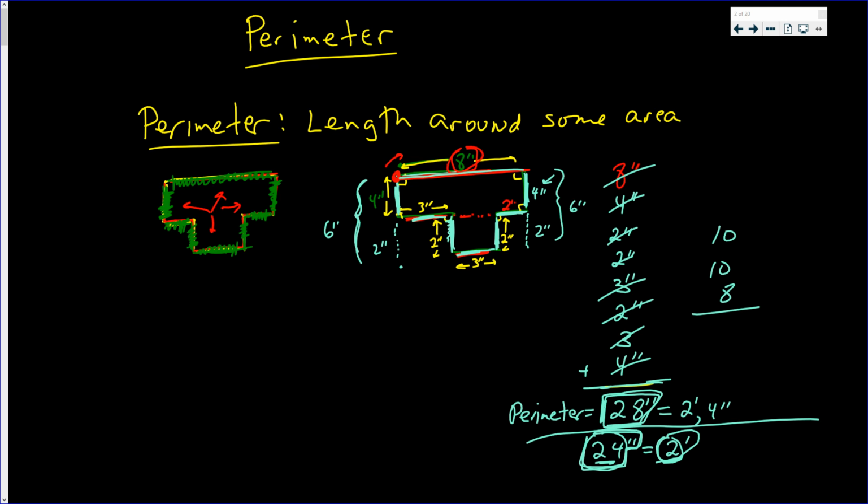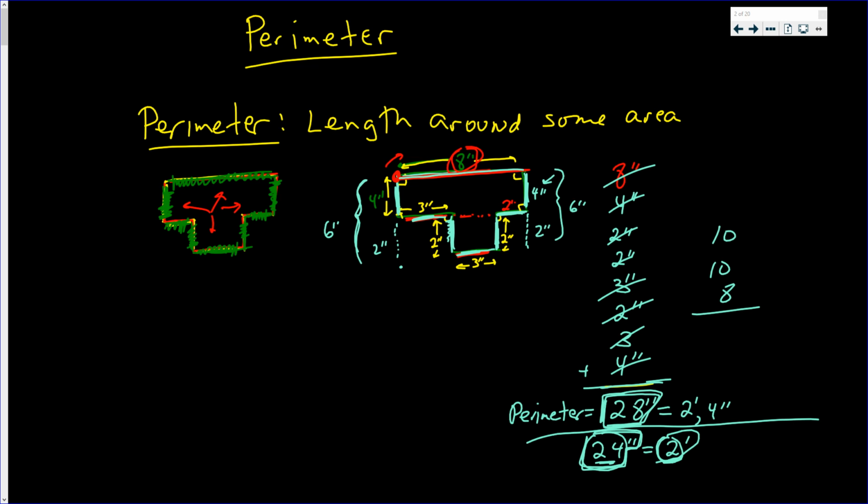You need to tell them how much you need. And saying 28 is meaningless. They can give you 28 centimeters, 28 meters, 28 miles, 28 inches, feet. You need to be clear.